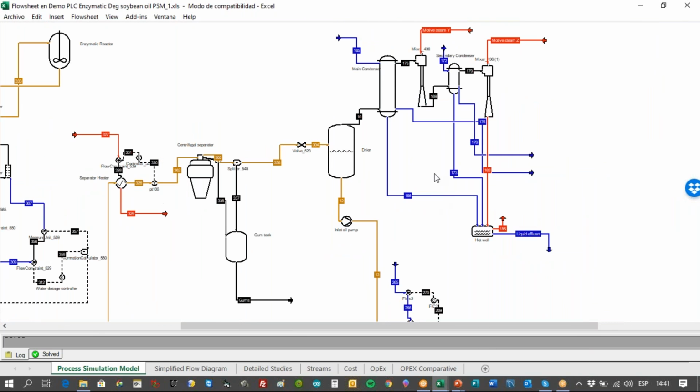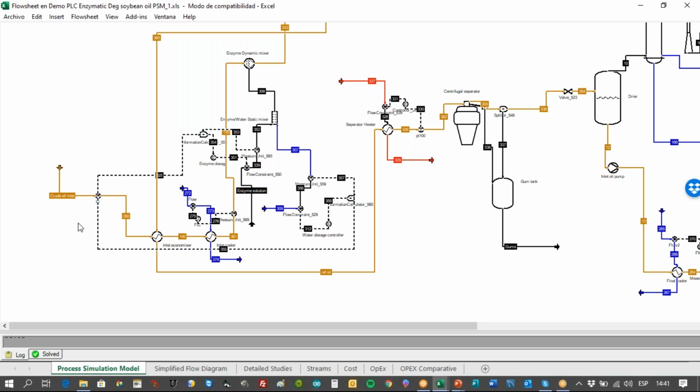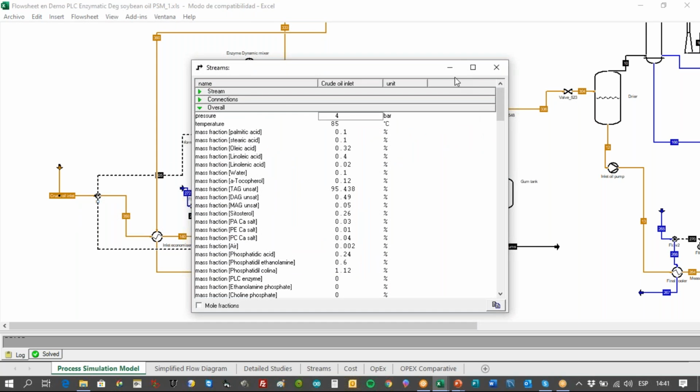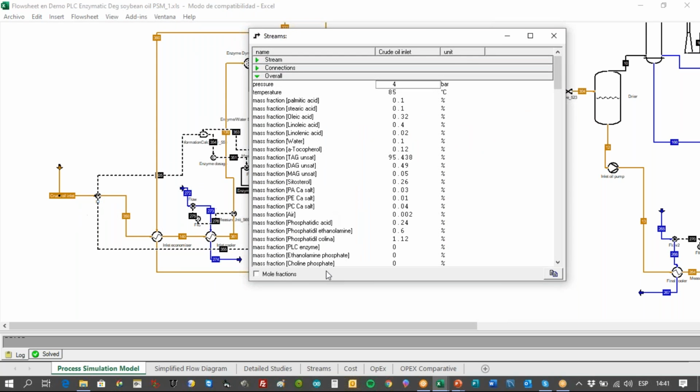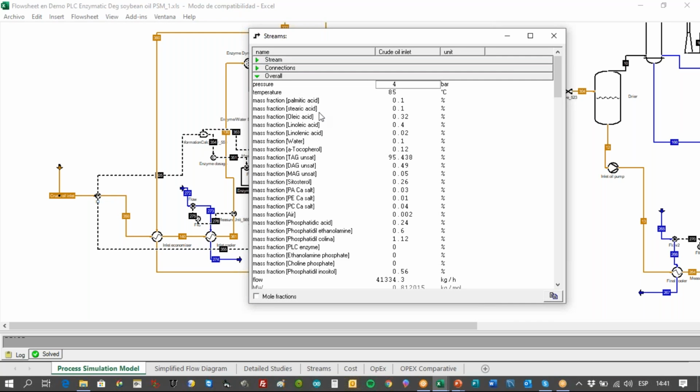And here we have the vacuum system, and this is the composite. If I double click on this stream, I display the composition of the crude soybean oil that I am considering.